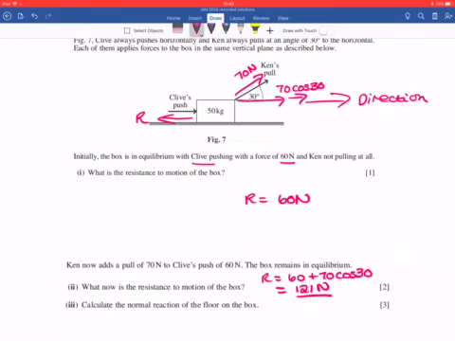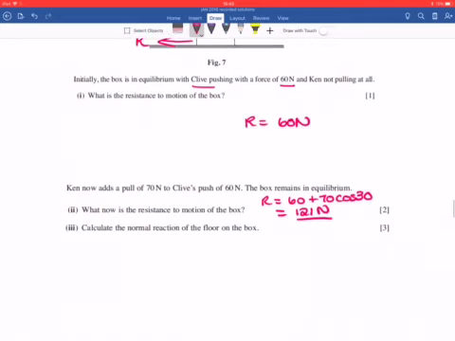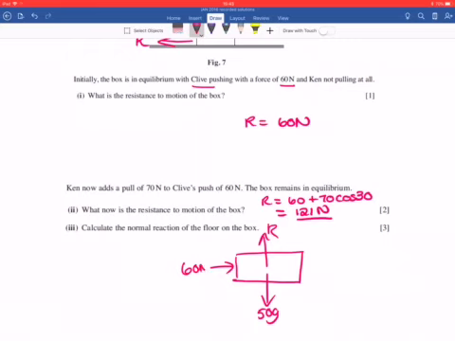Okay, part 3. Calculate the normal reaction of the floor on the box. So what have I got? I've got my box, I've got my normal reaction and 50G that way, I've got 60 newtons going that way, I've got 70 sine 30 going that way, and I've got 70 cos 30 going that way.